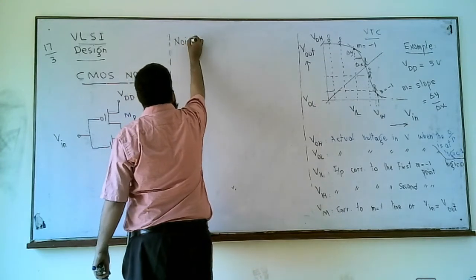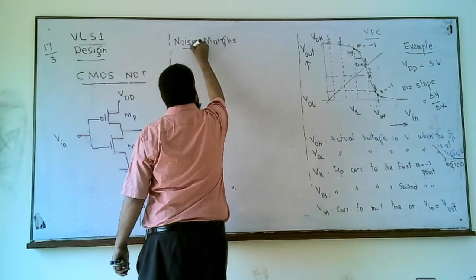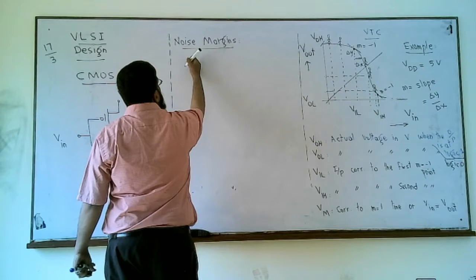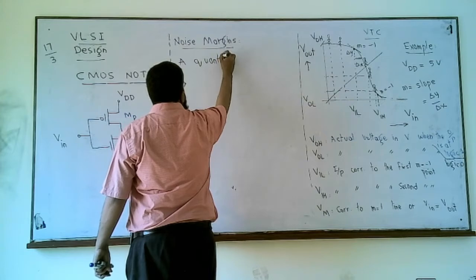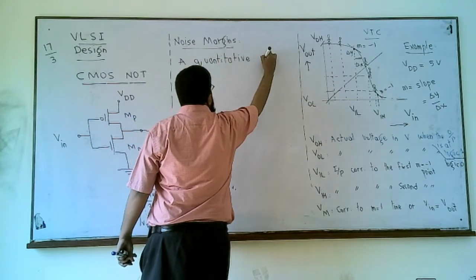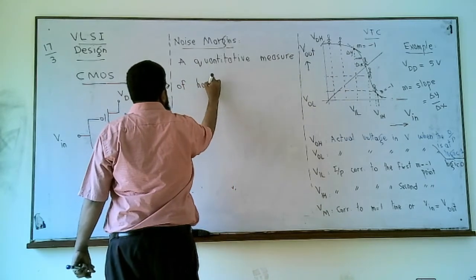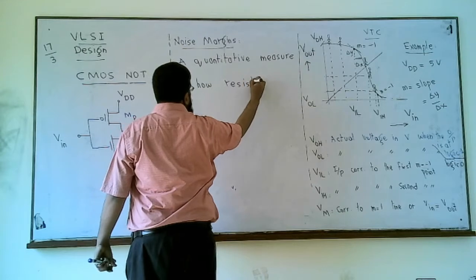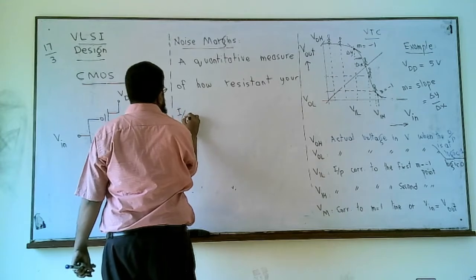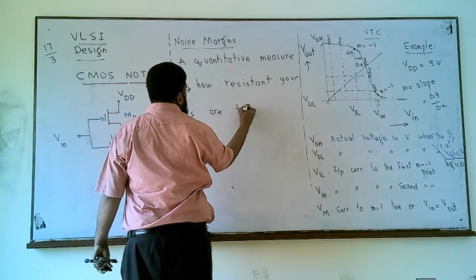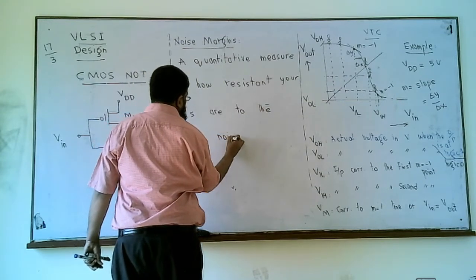Noise margins give us a quantitative measure of how resistant your inputs are to the electromagnetic EM noise in the circuit.